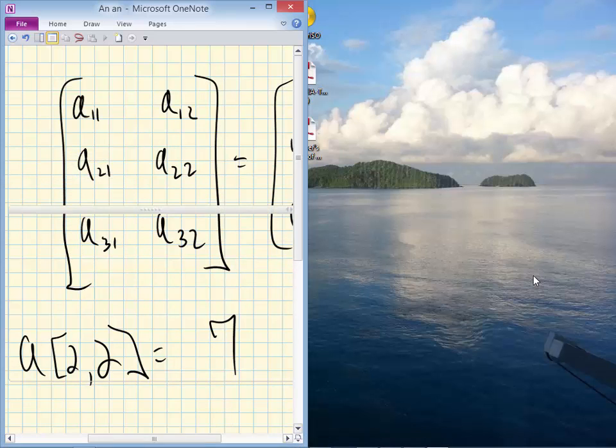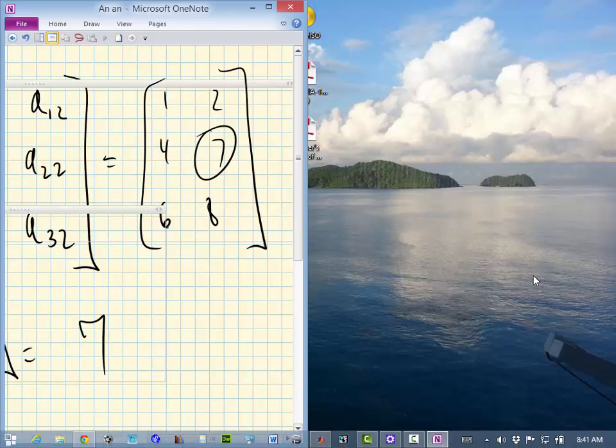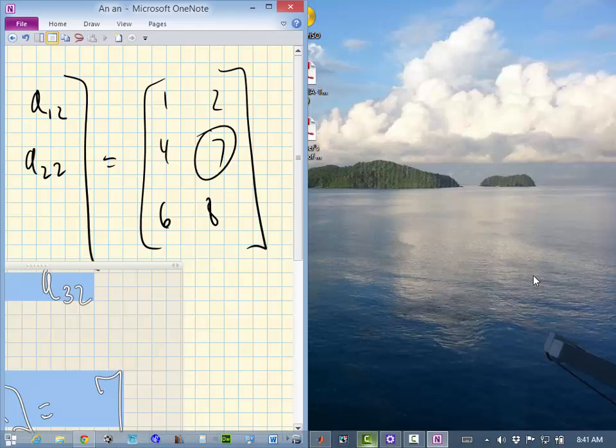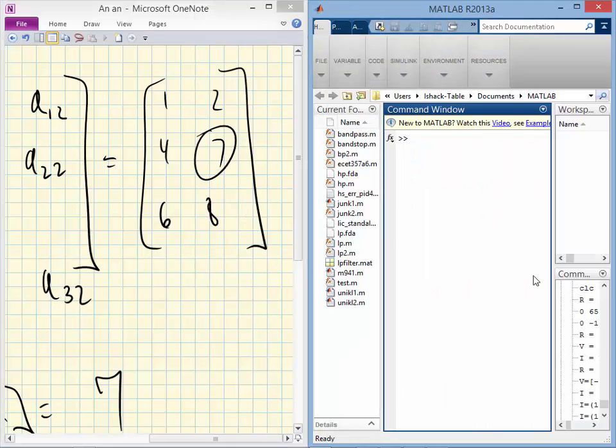If I want to declare A, A is equal to, and I could declare it 2 ways. My favorite way is 1, 2, semicolon, 4, 7, semicolon, 6, 8, in brackets. If I hit the enter key, it shows the matrix.